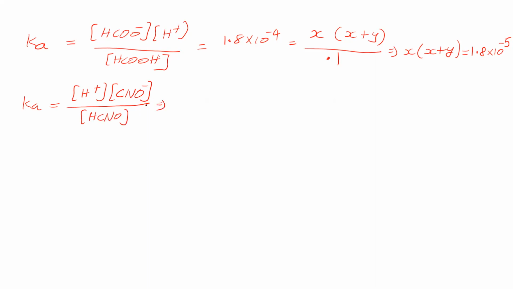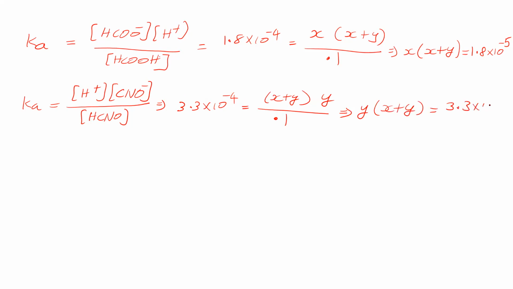The Ka value for cyanic acid is 3.3 into 10 to the power of minus 4, equal to H plus concentration X plus Y, cyanate concentration Y, divided by cyanic acid concentration 0.1. Therefore Y into X plus Y is equal to 3.3 into 10 to the power of minus 5. So we got two expressions.